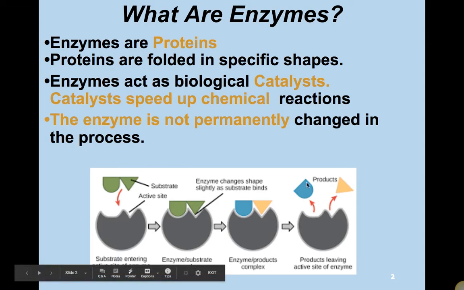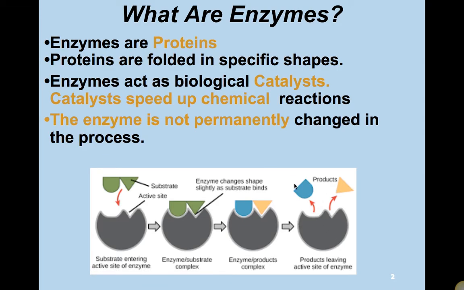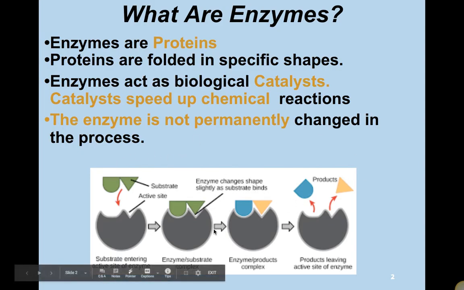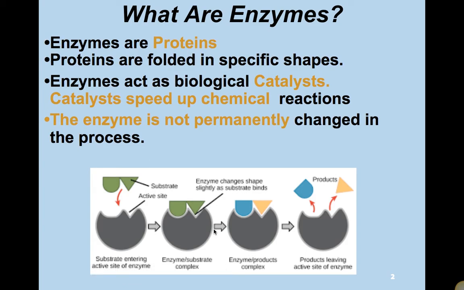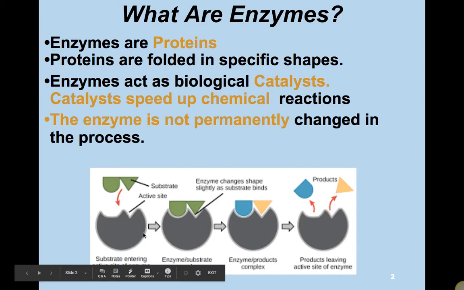And as it digests, I release these products, this product here. If you remember in chemistry or physical science, you have reactants on the left-hand side of the equation. You have products on the right-hand side of the equation. Same idea here. You have reactants on the left, products on the right, but we're just lowering the energy required for this reaction to take place because we have an enzyme present.